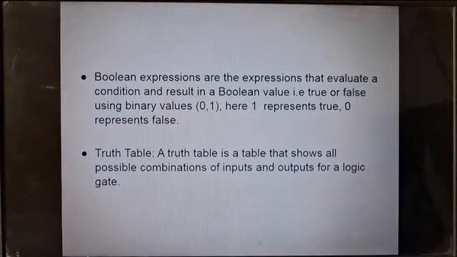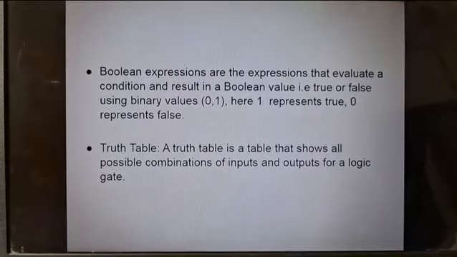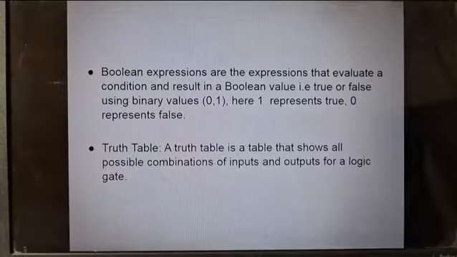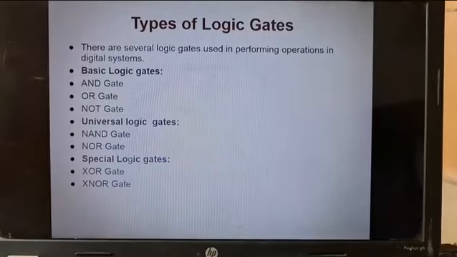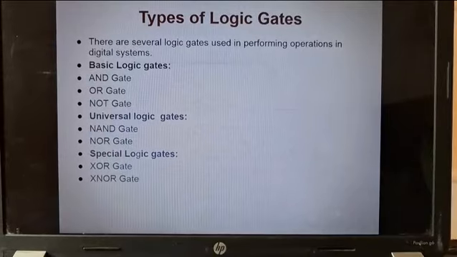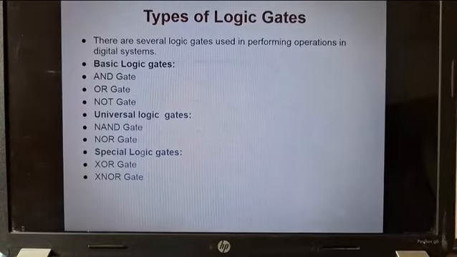And also we will summarize all the possible outcomes for all possible combinations of the inputs of the logic gate using a truth table. These are the types of logic gates. Basically, the logic gates are divided into three categories. The first one is basic logic gates.